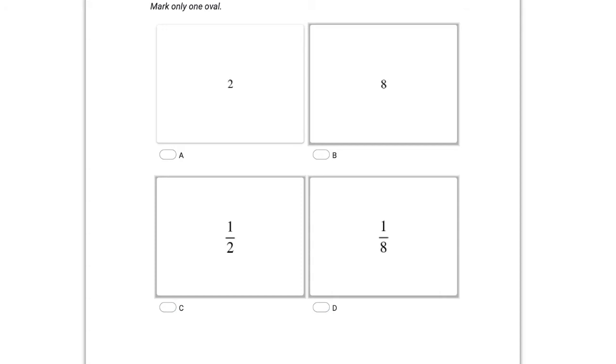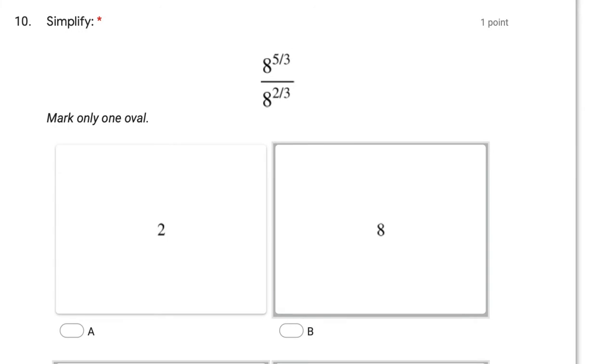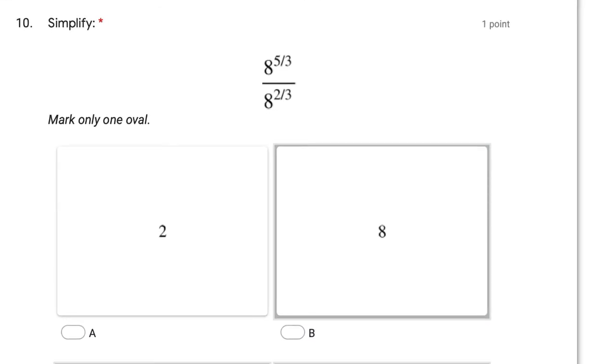Oops. On this next problem, if you're good with your calculator, you could get the right answer. But you'd have to be very careful. Instead, what we want to use is one of our properties for exponents that we learned, which is a to the m over a to the n.